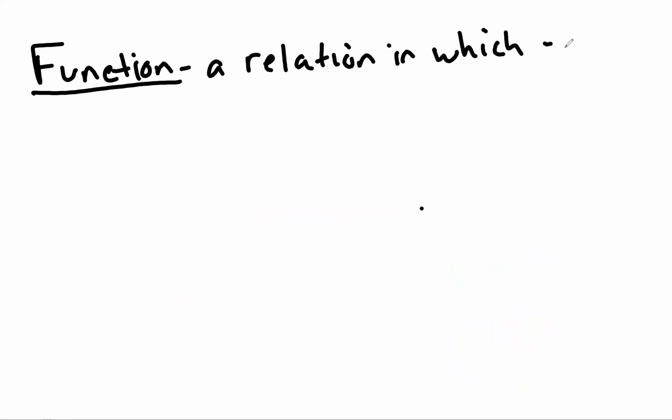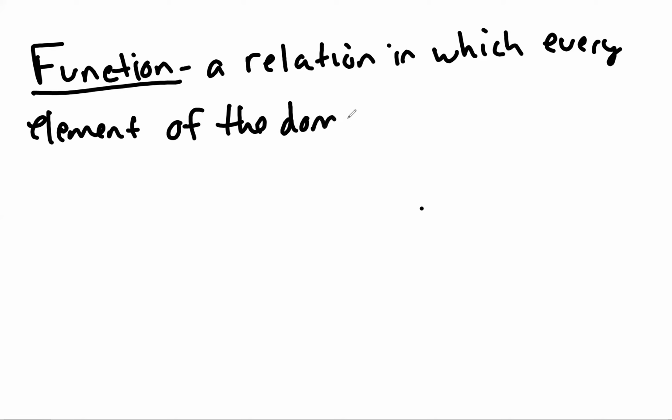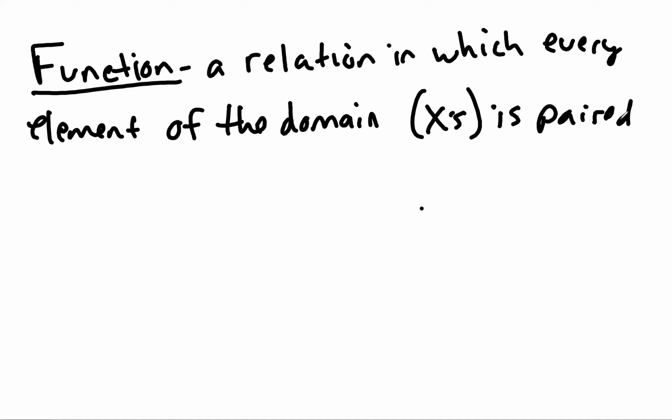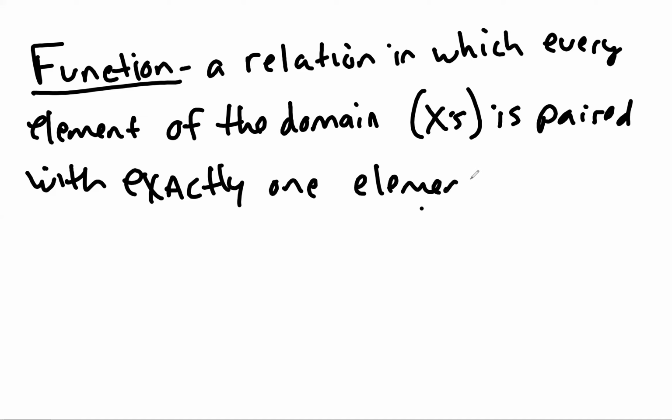So in words, a function is a relation in which every element of the domain, which we know is the x values, is paired with exactly one element of the range. And we know that the range are the y's.